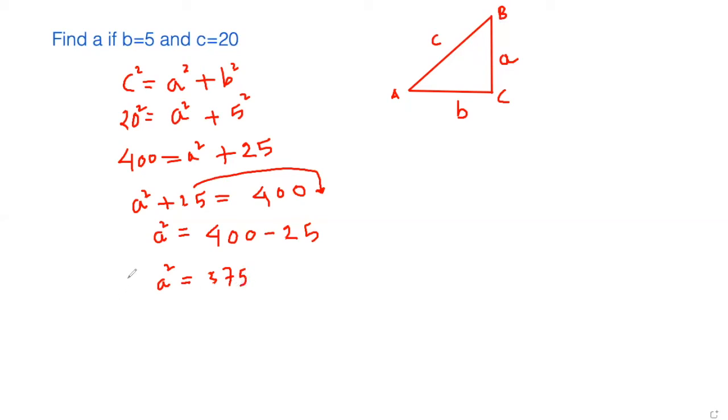Now if I take a square root on both sides, then I can get a by itself. By using the calculator, I got a equal to 19.3649.